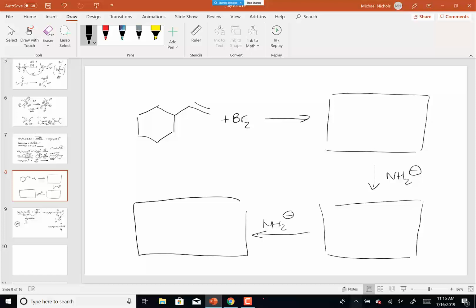What goes in the boxes? So this is your take-home quiz for tomorrow. Just on a separate piece of paper, write the structures that go in the boxes. And the hint is, there better be a triple bond in the final box, because this is a way to make an alkyne.